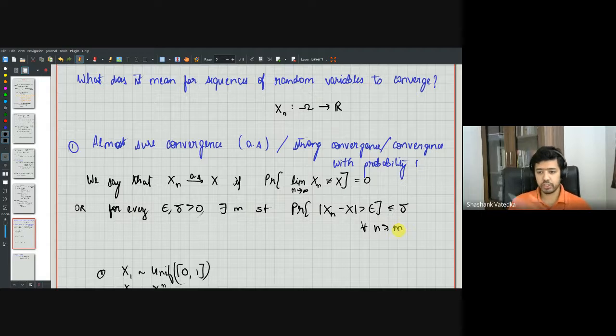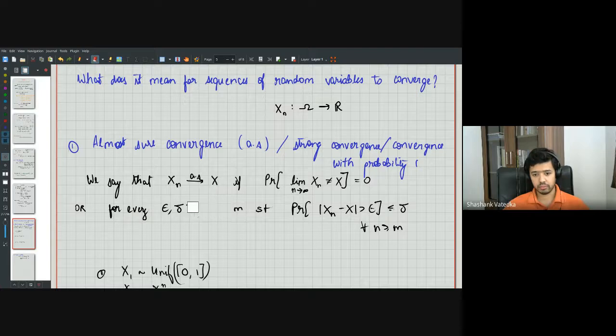So for all sufficiently large n, the random variable Xn should be sufficiently close to X. Sorry, maybe it helps to define it in a little different way.